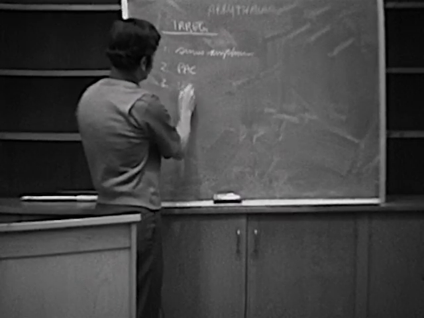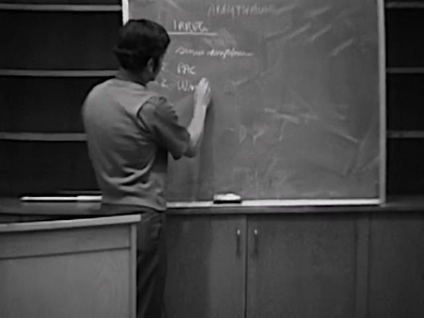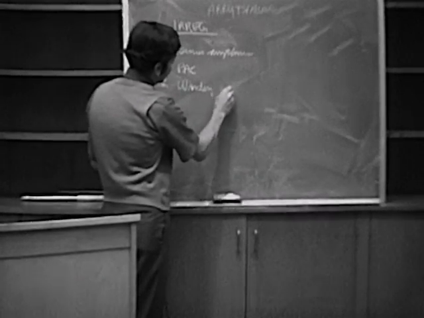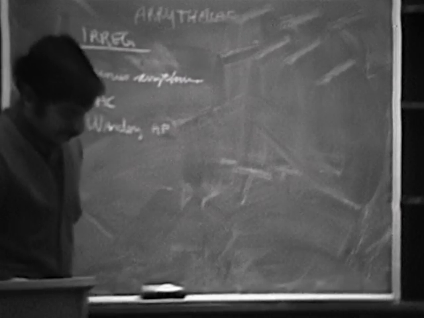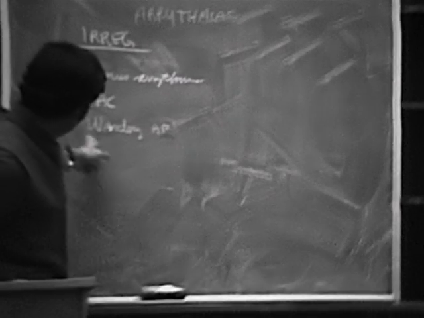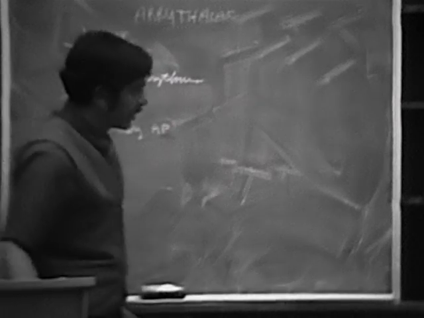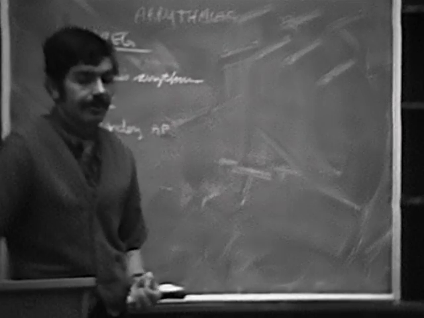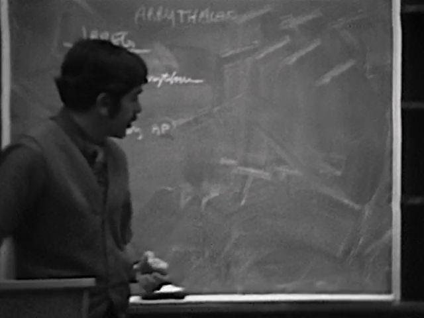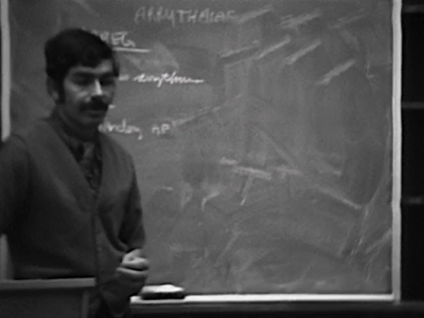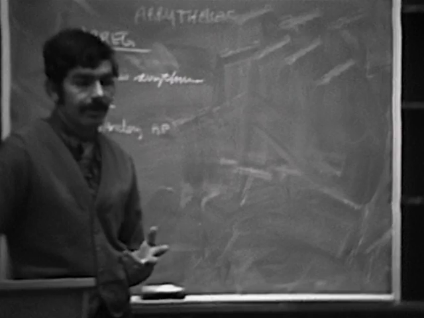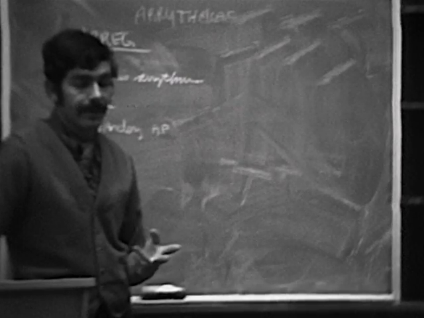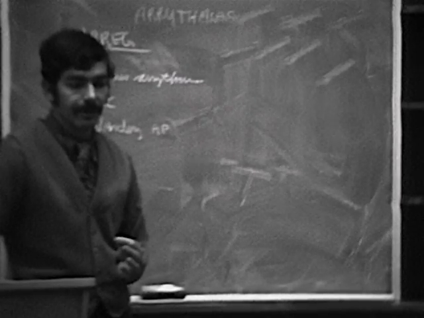Then you have something that they call wandering atrial pacemaker. And here you have ectopic atrial foci from at least two different positions in the atrium. So you have P waves of at least two different configurations, other than the normal, right, with different PR intervals.